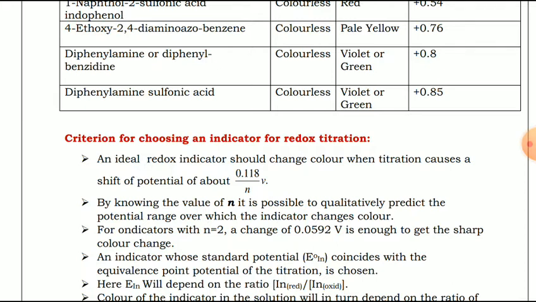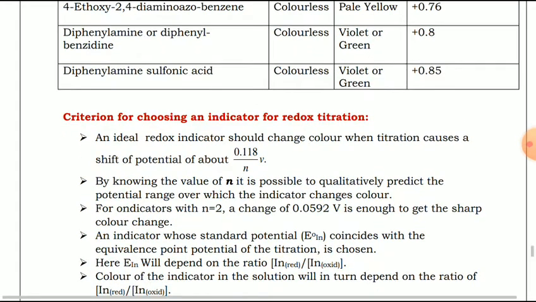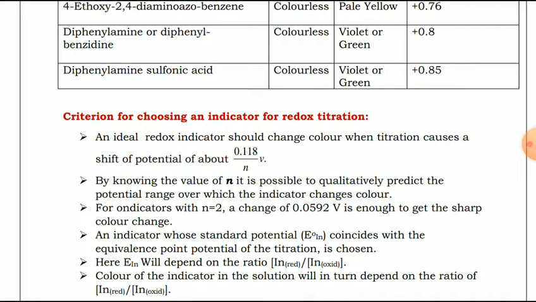The color of the indicator in the solution will in turn depend on the ratio of indicator in reduced form upon indicator in oxidized form. So this is the criteria where the indicator shows its different color, which depends on the value of n.